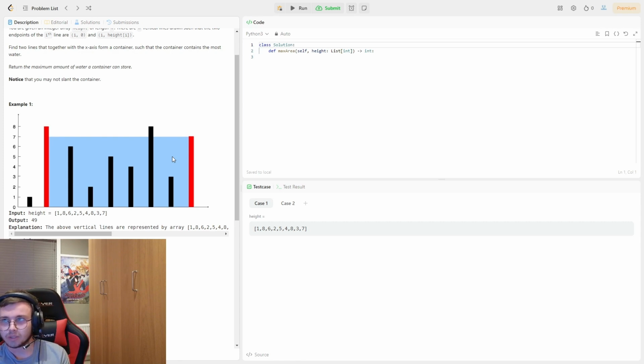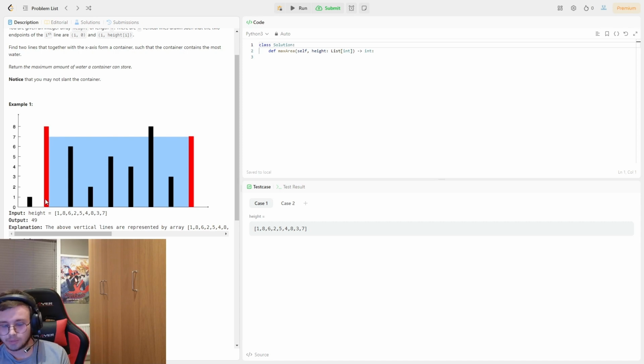It makes more sense to move the smaller one, because if you move the bigger one, let's say it's 1 and 7 here, and you move the 7 to the left, let's say this wasn't 3 here, this was a million, it doesn't matter because you're always bounded by this lower limit of 1.